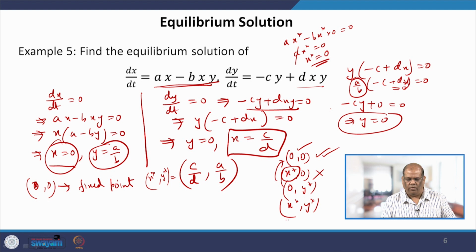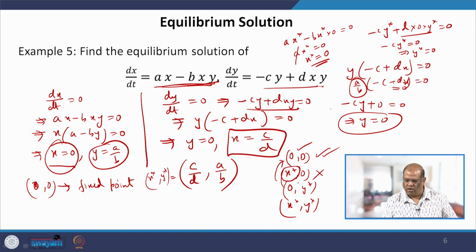Similarly, you put 0 y star. So, if I put 0 y star here, this gives me 0, but from here I get minus c y star plus d into 0 into y star equal to 0. So, this vanishes, minus c y star equal to 0, which will give me y star equal to 0.